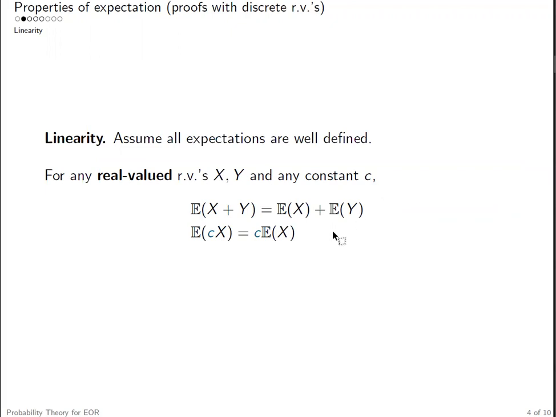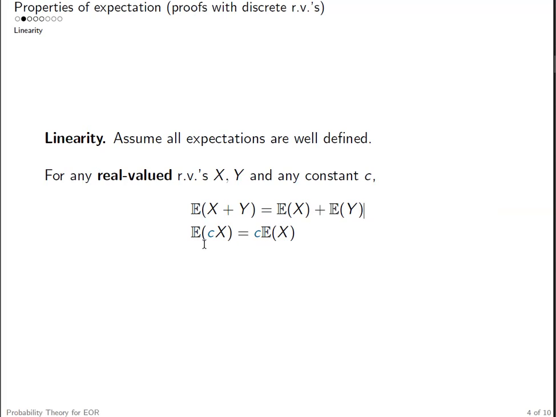two identities. The expected value of X plus Y is a function of X and Y, it's a new random variable, and the expectation of this new random variable is equal to E[X] plus E[Y]. So the expected value of the summation is equal to the summation of the expected values.